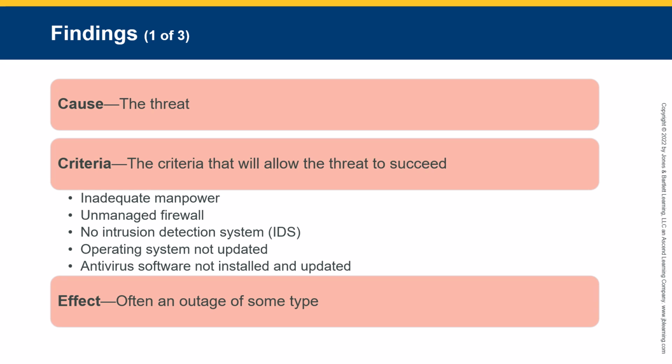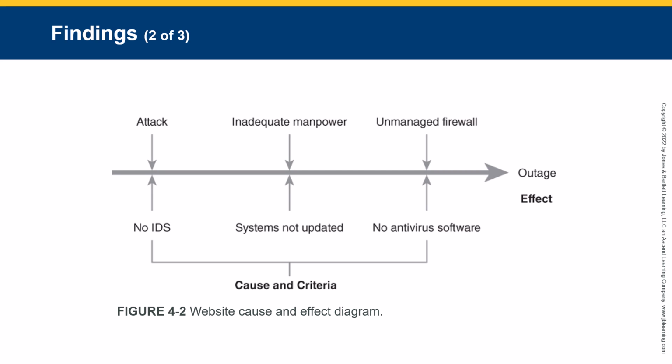If this happens, this will be a response. So if a virus comes in and the criteria is we don't have centralized AV, the effect could be viruses spread to machines. So, cause and criteria.